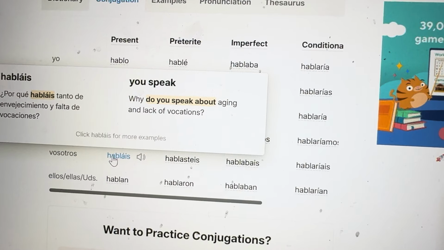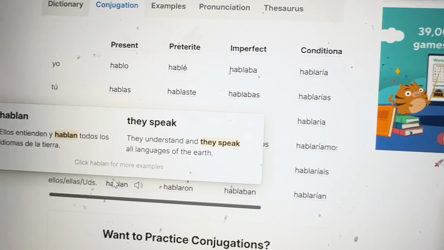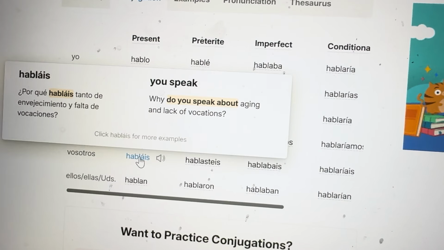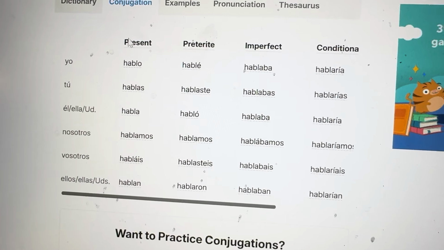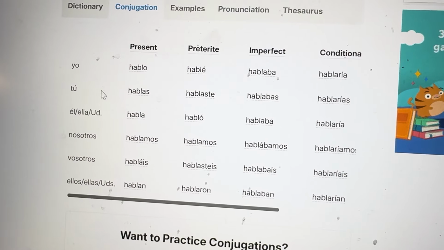I, you, he, she speaks, then they speak. In Spanish you have to change according to every pronoun.